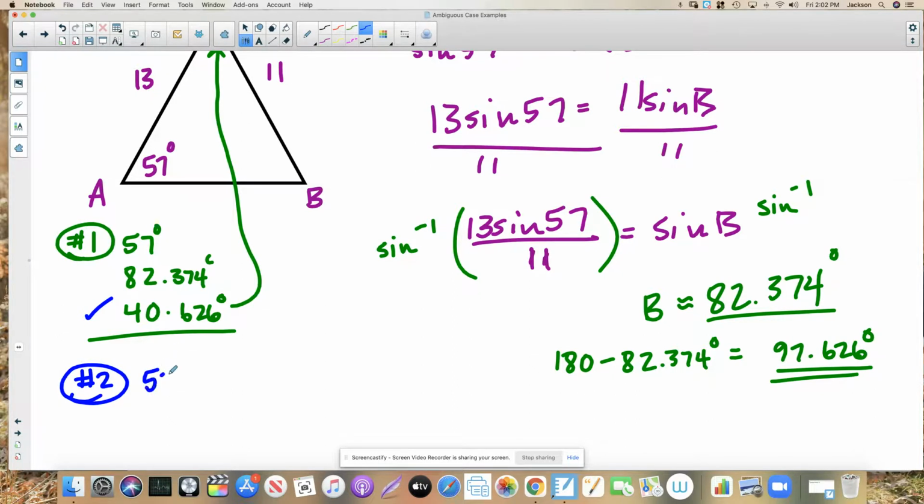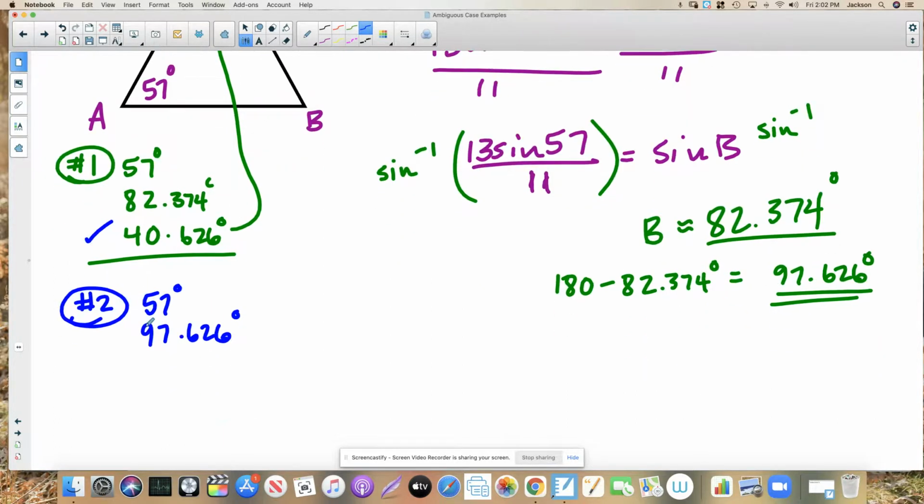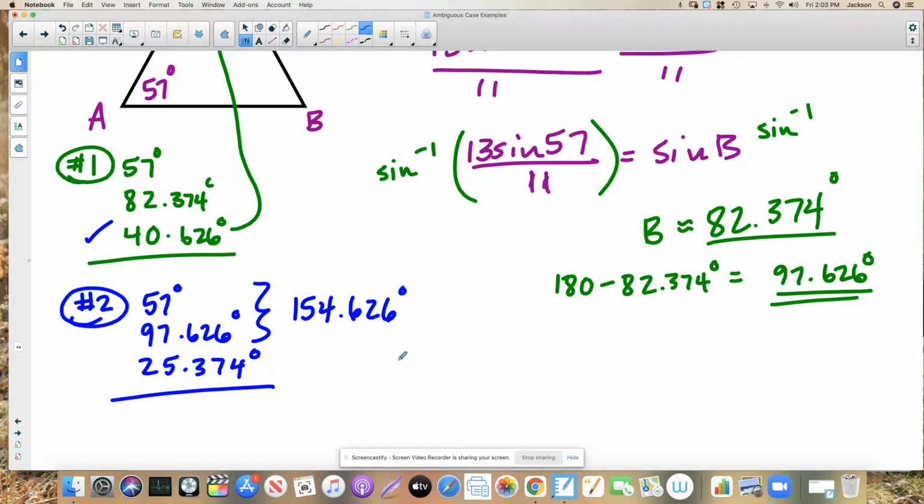Well, in this case, if I have a 57 degree angle and I have a 97.626 degree angle, you add these together, right? The sum of these is only 154.626. That doesn't exceed 180. So I can get a third angle if I use this supplement, and that would be 25.374. Okay. So here's a situation where we do have two solutions.